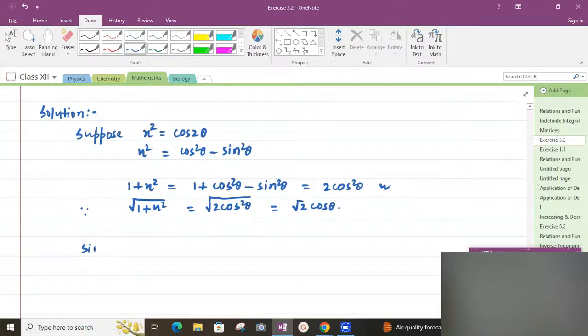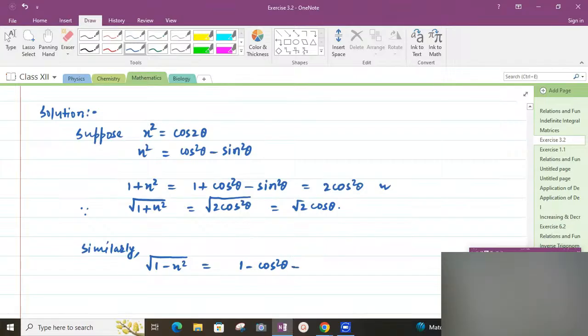Similarly, 1 minus x square over root will be 1 minus, and the value of x square is cos square theta minus sin square theta.